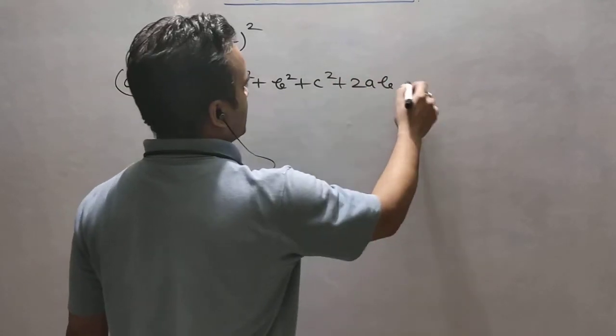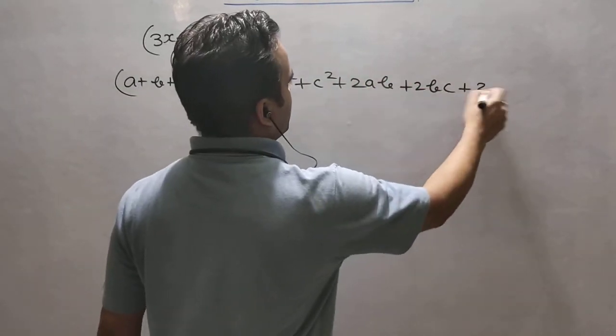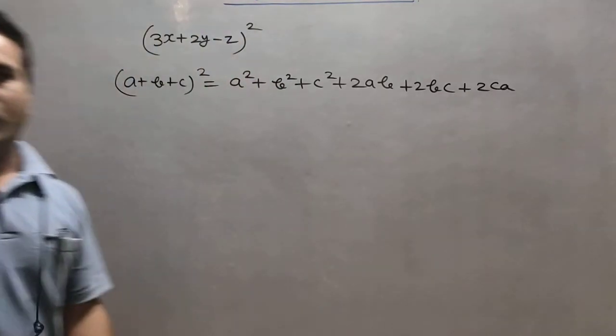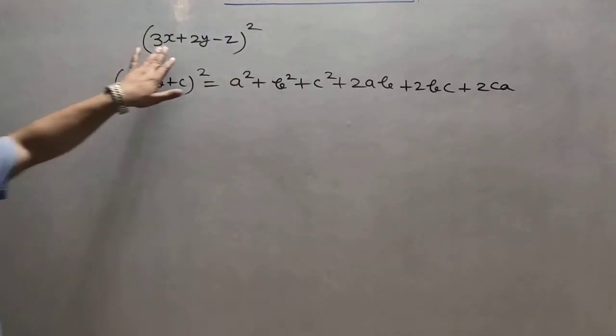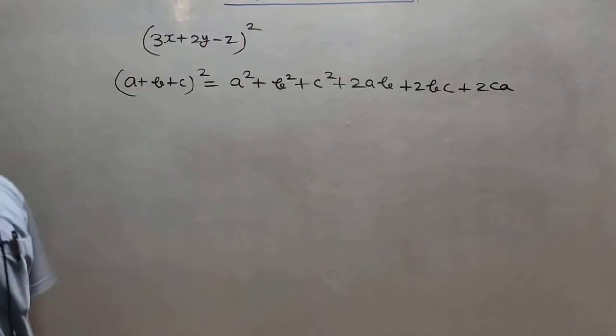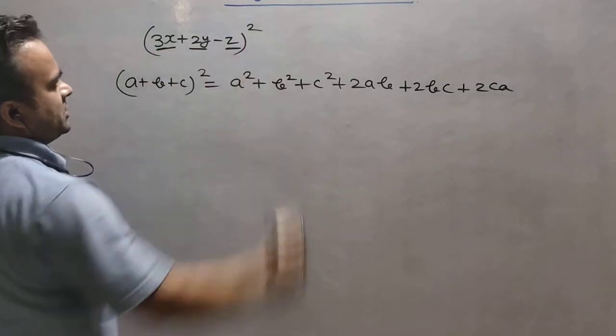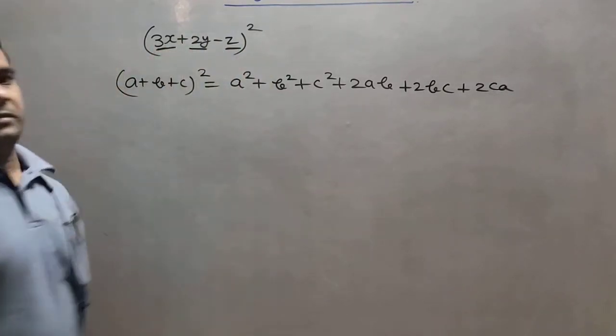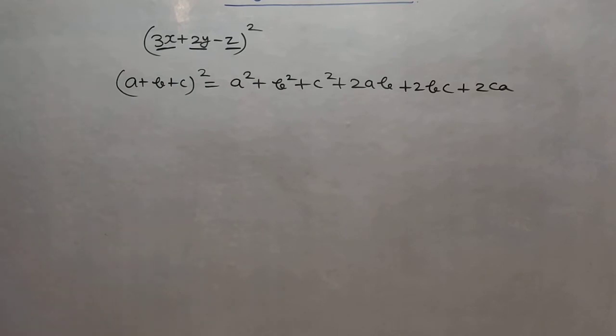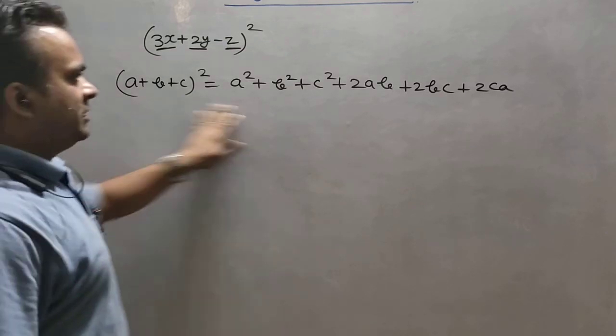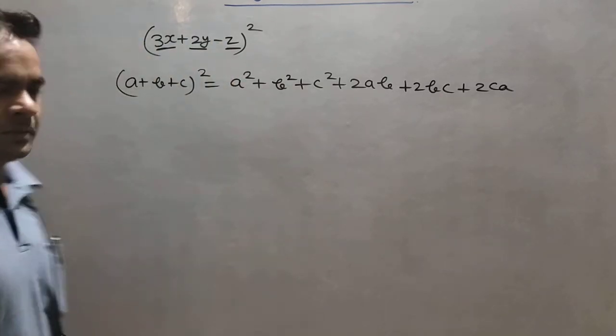Plus 2ab, yes. Plus 2bc plus 2ca. Now we have to check what is a here, what is b here, and what is c. So this is a, this is b, and this is c. c is in minus. You have to remember this particular point. Be very careful. While you are putting the value of c in this identity, you have to put it with minus.